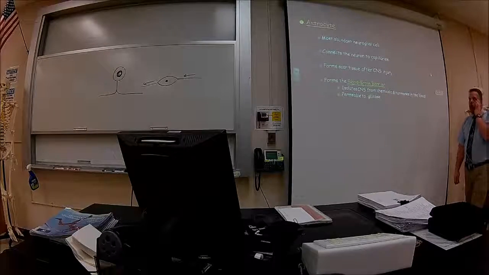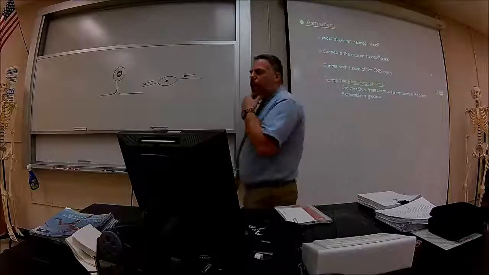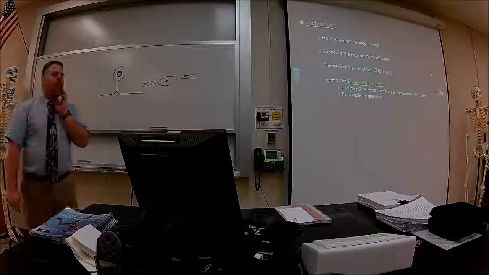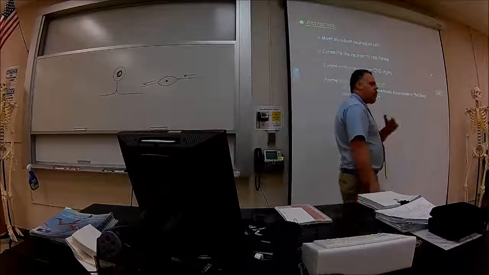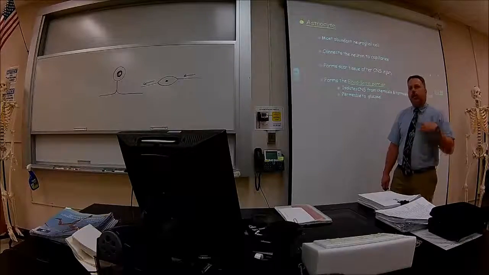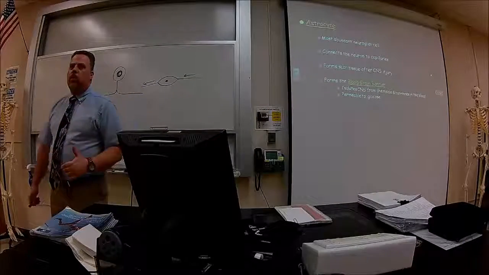Then we have something called an astrocyte. An astrocyte is the most abundant neuroglial cell and connects the neuron to the capillaries. This is going to build something that we call the blood-brain barrier. This is going to block a lot of chemicals going into the brain. It's going to block bacteria and viruses going into the brain.